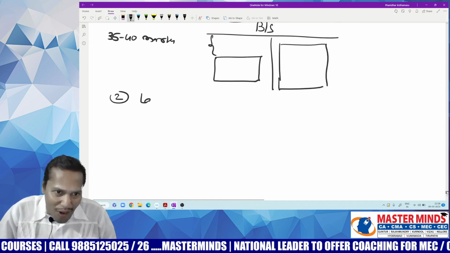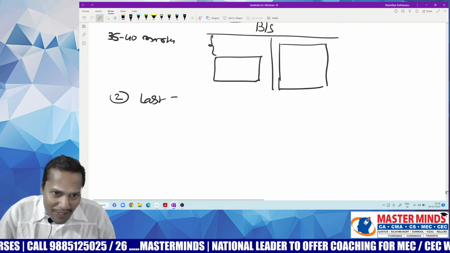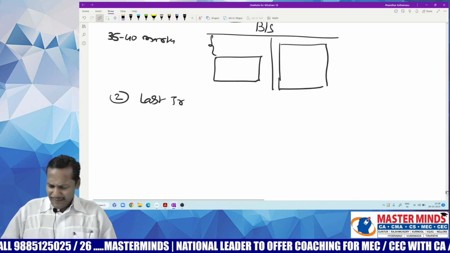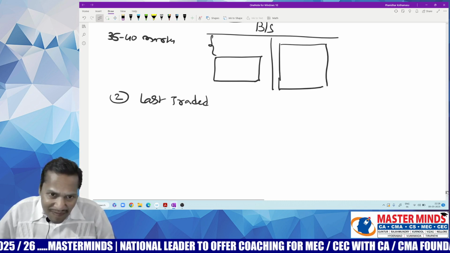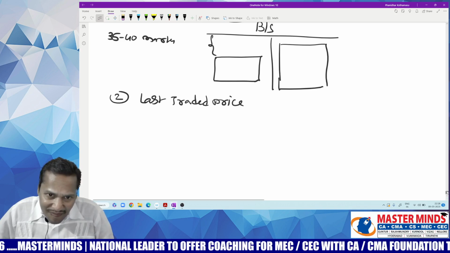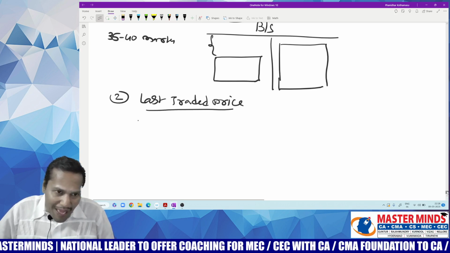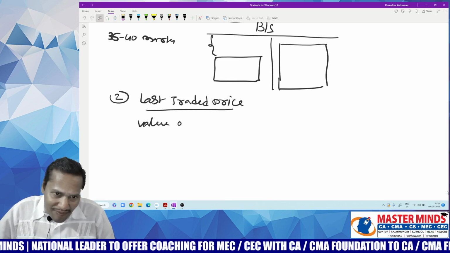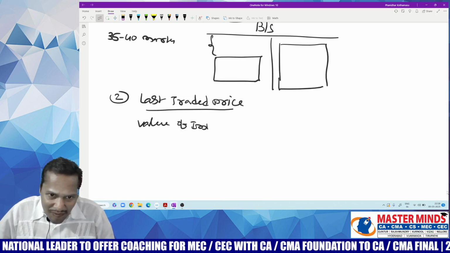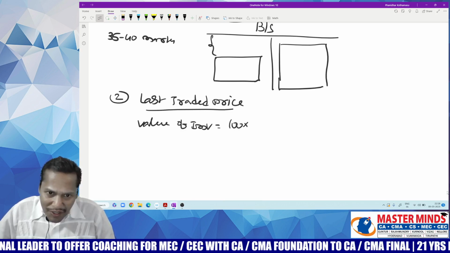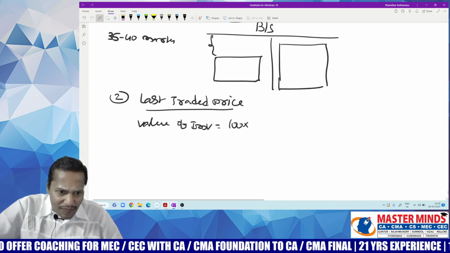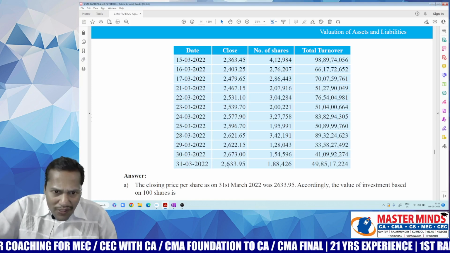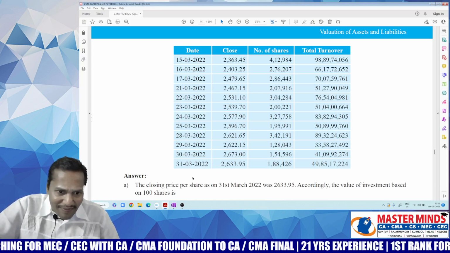Based on last traded price, value of investment, 100 shares into 2,633.95.